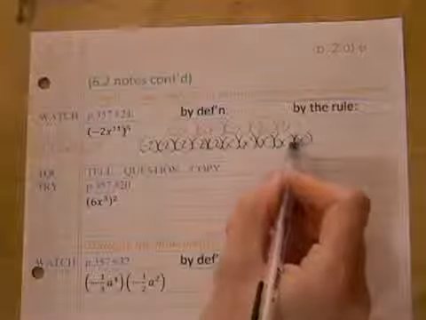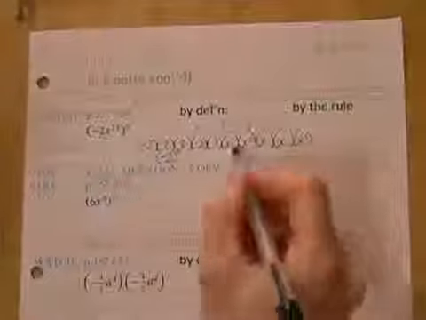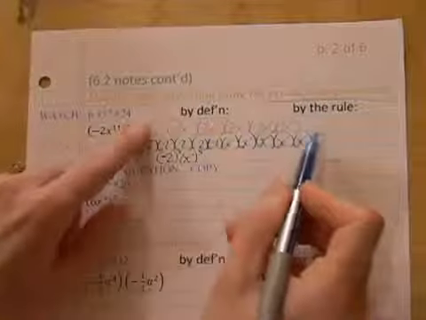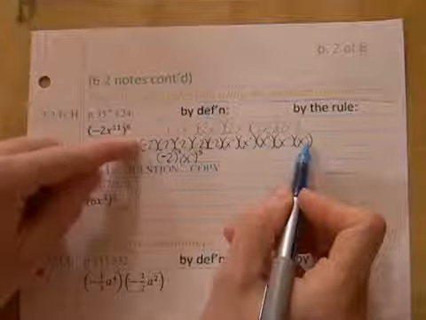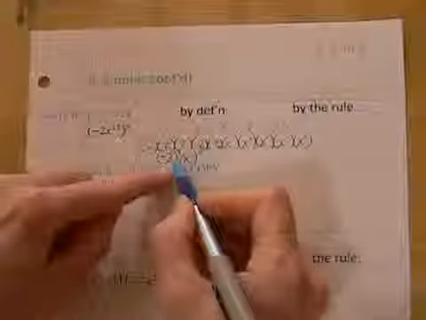in their own group. And so then what we're looking at here is really, by definition, negative 2, the whole thing to the 5th, and x to the 11th, the whole thing to the 5th. Meaning we can use the definition to spread this out, use our algebra skills, our knowledge of the properties, commutative and associative, to rearrange it, and then use the definition of exponents again to simplify it.